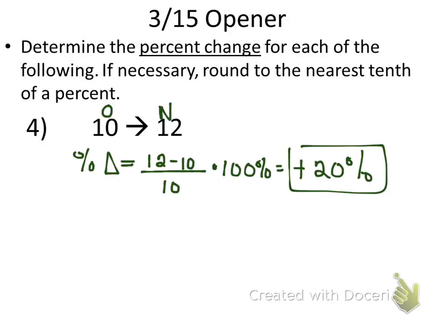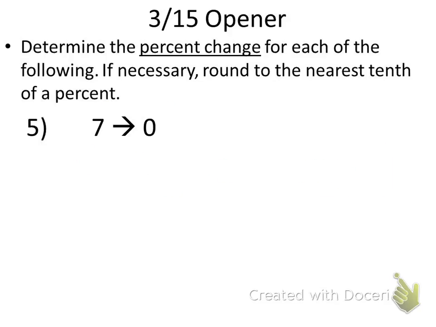All right. And the last one. Bobby thinks I'm trying to trick y'all on this one. Didn't trick you? Okay, so what's my new number? Sanisha, my new number. 0. And my old number? 7. All right.